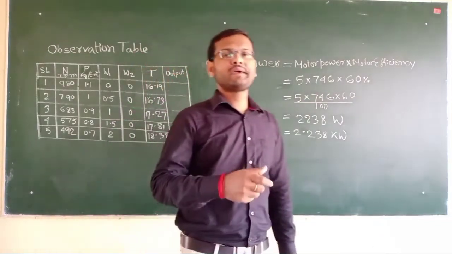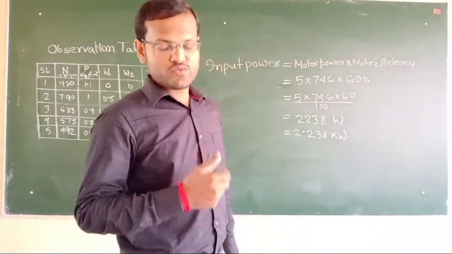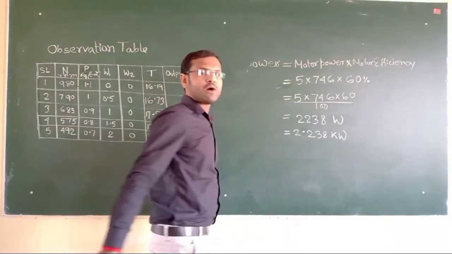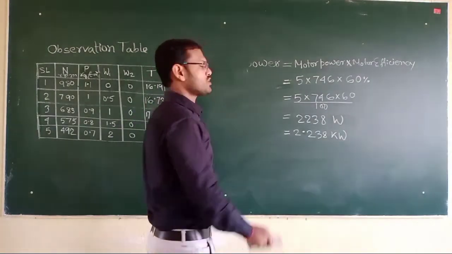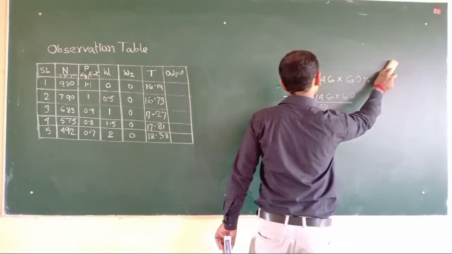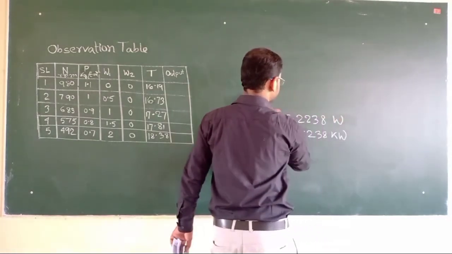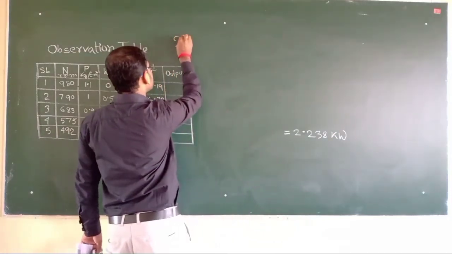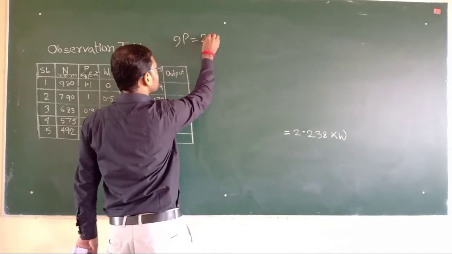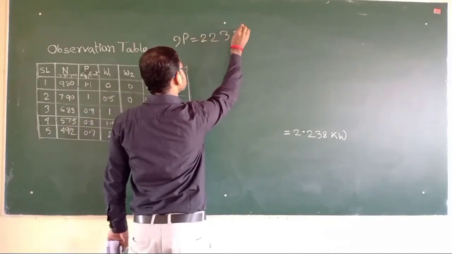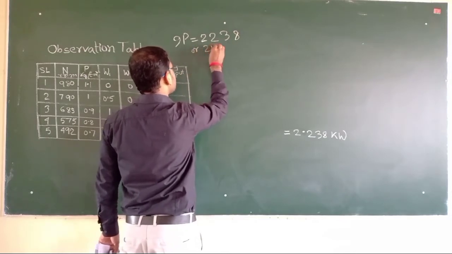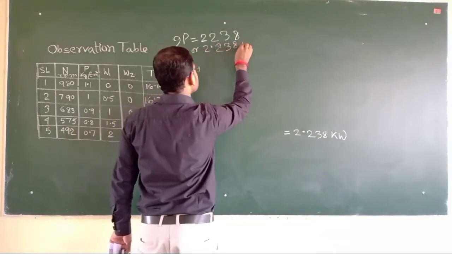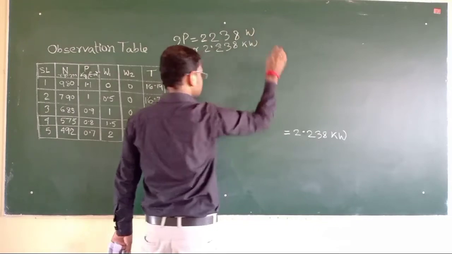Okay, now we calculate the output power of turbine. Input power is equal to 2238 watts, or 2.238 kilowatts.